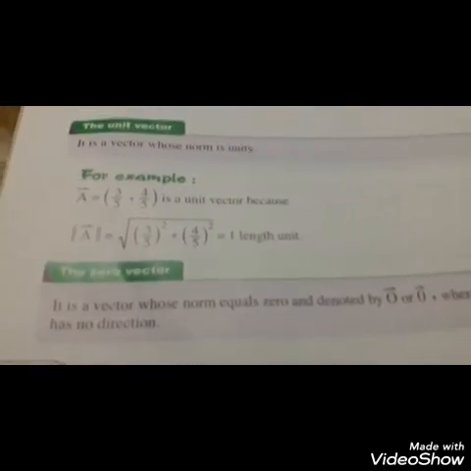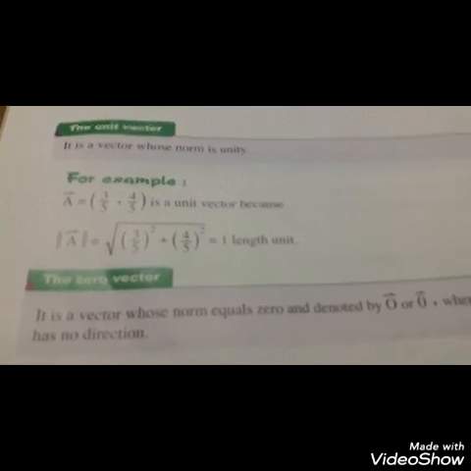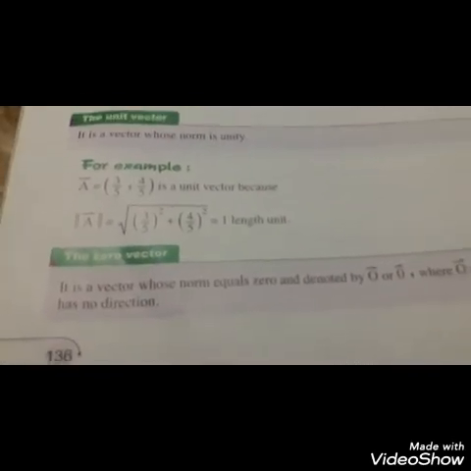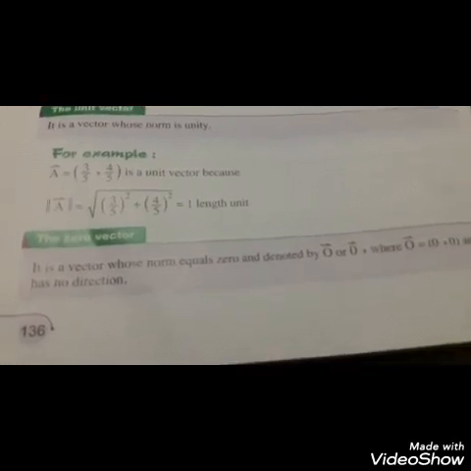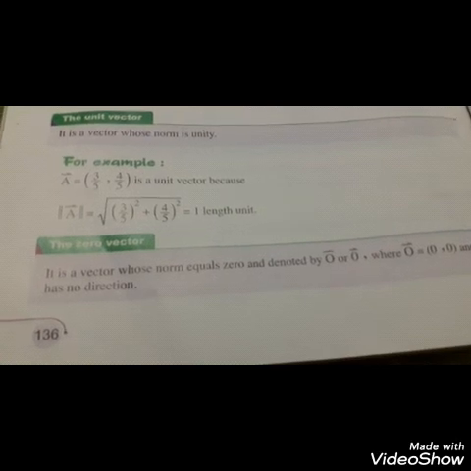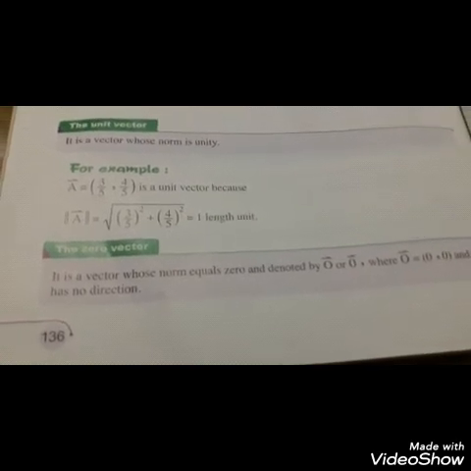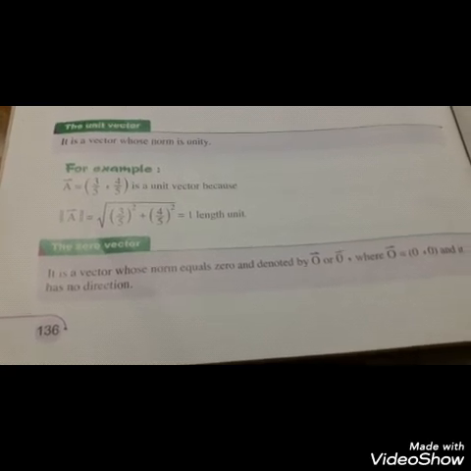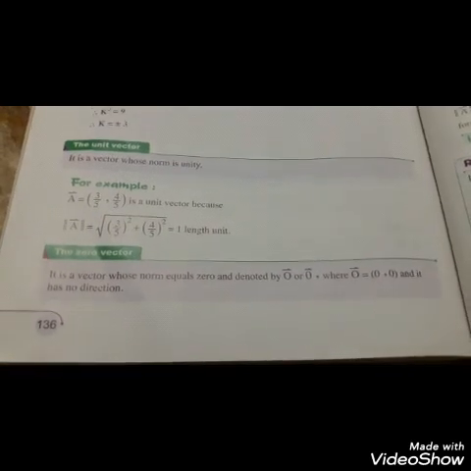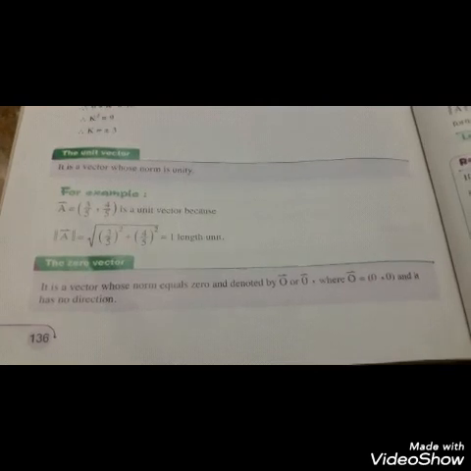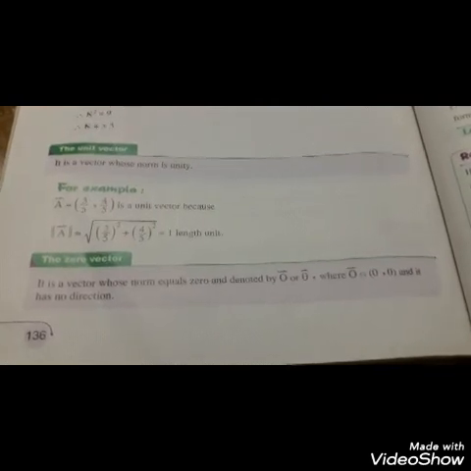Then we deduce that the norm of a unit vector must equal 1 length unit. But the zero vector is a vector whose norm equals 0 and is denoted by vector O or vector 0, where vector O equals 0 and 0, and it has no direction.